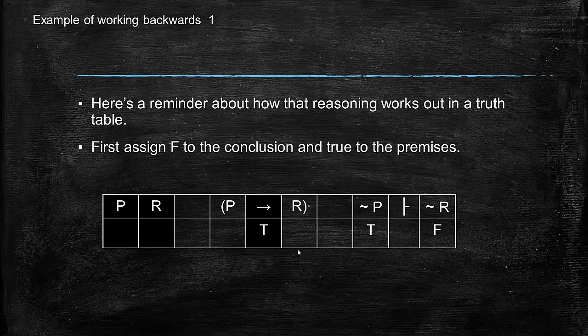I've made this abbreviated on the hope that we could just get this done in one line, which we can. So what you do is you assign false to the conclusion, and true to the two premises. And then all you do is backfill. Notice we didn't put any assignments under P or R over here as we would normally do. You just go ahead and backfill the truth values as is required by this particular assignment.